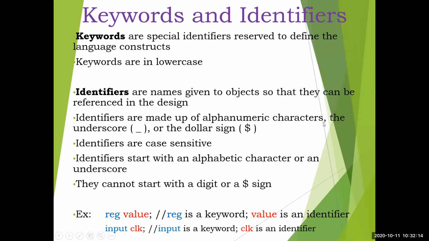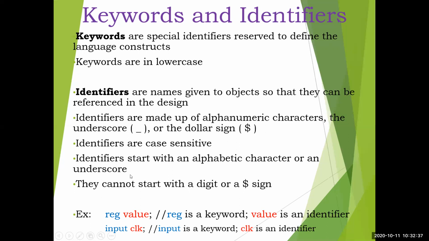Identifiers are made up of alphanumeric characters, the underscore, or the dollar sign. So in identifiers, along with names you can use numbers also, and underscore and dollar sign also you can use. But identifiers are case sensitive, and an identifier starts with an alphabetic character or an underscore.